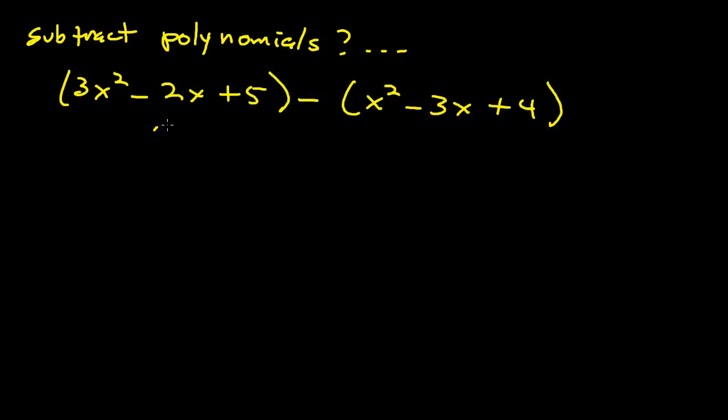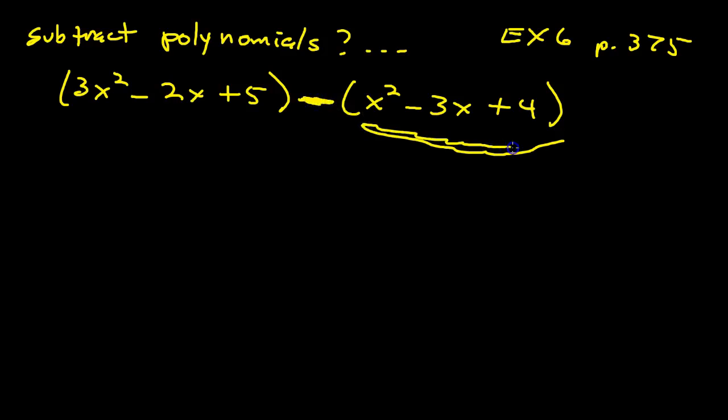All right, here we are asked here, this is example 6 on page 375. What I'll do here is negate this entire polynomial sum by changing the sign of each term. In other words, distribute this negative sign across this polynomial that you're subtracting.